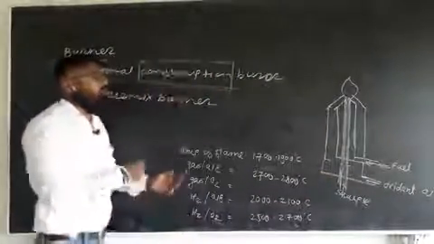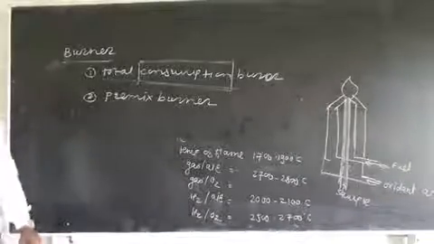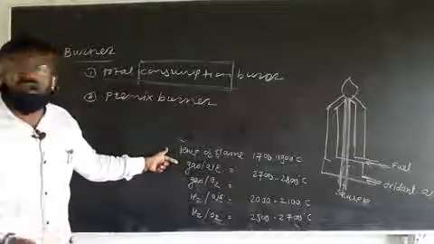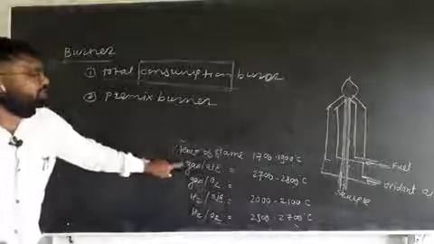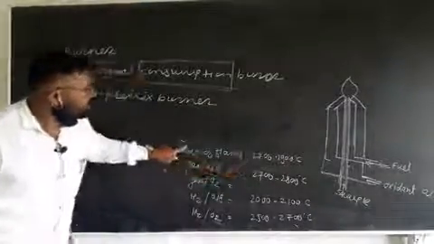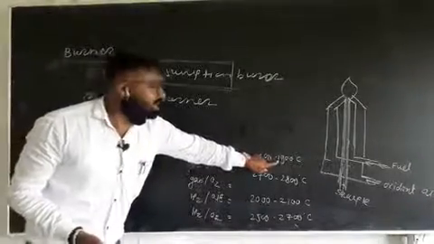By changing the fuel to oxidant ratio, or by changing the fuel or oxidant, you can change the temperature of a flame according to use. Suppose we use gas and air, it gives 1700 to 1900 degrees Celsius.